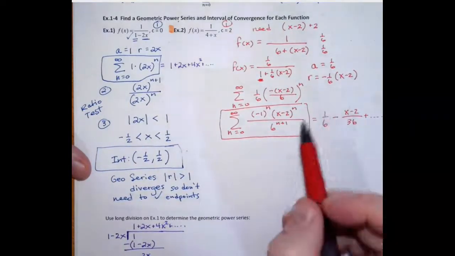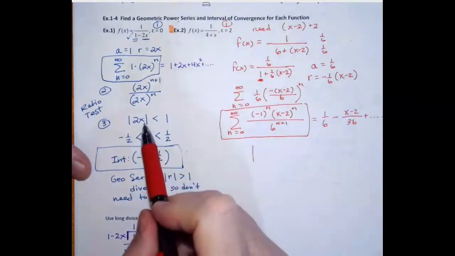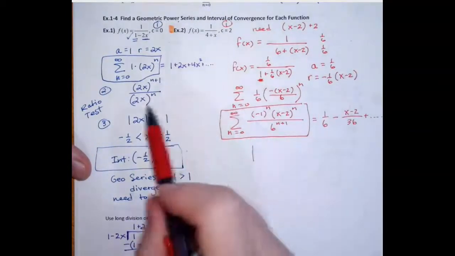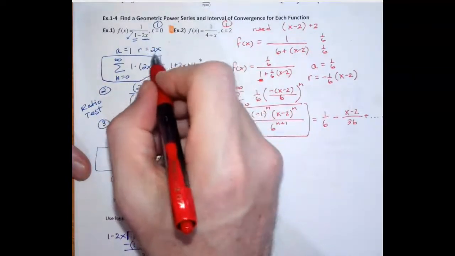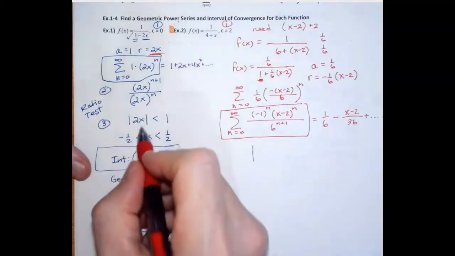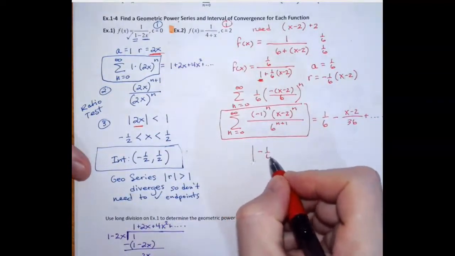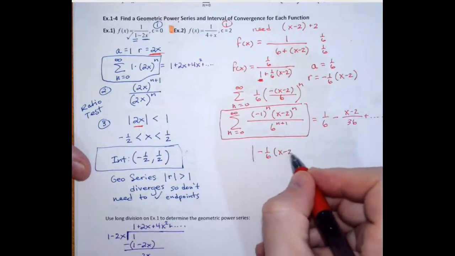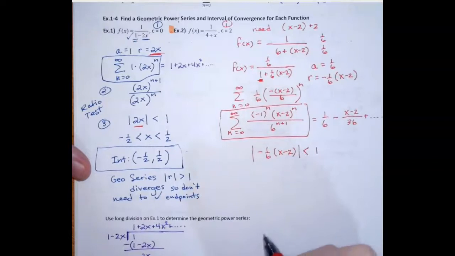So r is right here. We can kind of bypass the ratio test there and realize that we have r here. That's what's going inside there. So we have the absolute value of negative 1/6 times x minus 2 is less than 1.